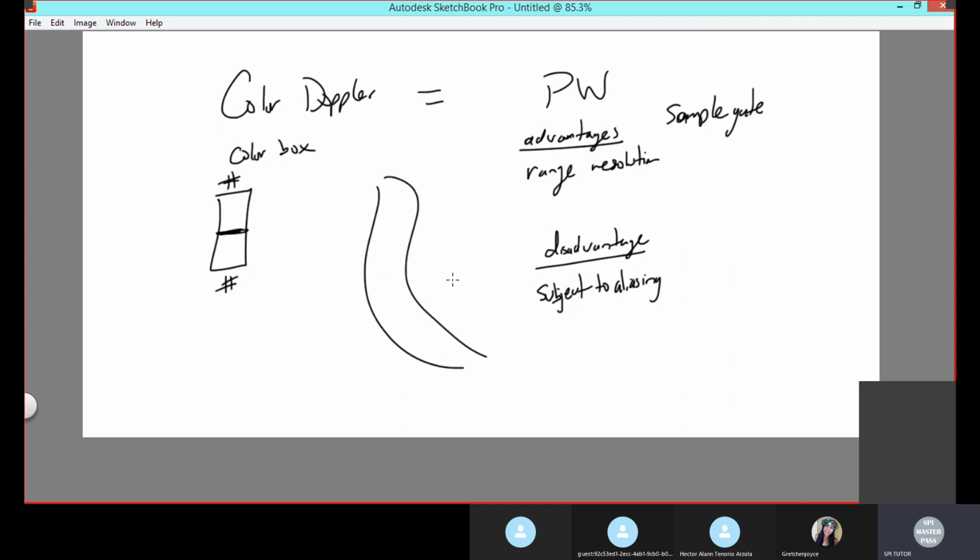So let me take my continuous wave and put it right there, because I already know that's where I'm going to have aliasing, and continuous wave will fix it. So you use color to hunt down what you're looking for, and then you use that continuous wave to look at it there and get an actual good non-aliasing waveform. All right, so I think I may have redeemed myself.